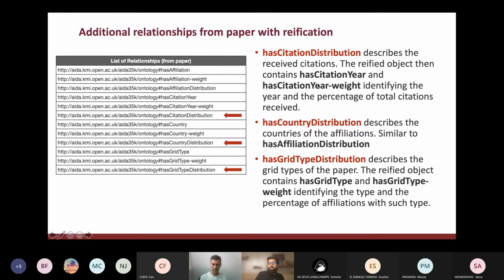So in this distribution, given a paper, you will find a year, the year in which it was cited, and a weight on the amount of times it was cited. The same is for the country distribution, which describes the country of the affiliations. So it's like the affiliation distribution. Basically, it's saying the country and what is the weight.